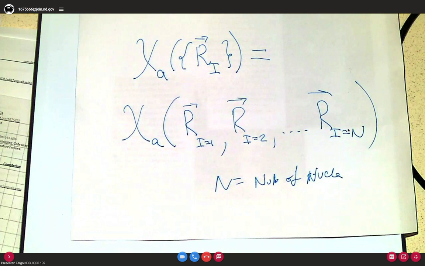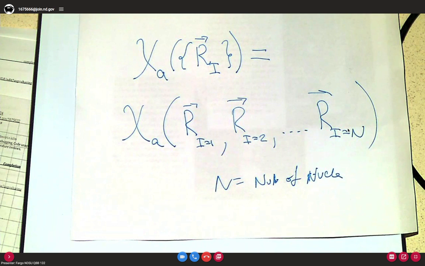We are not separating this function of many variables as a product of functions for nuclei number 1, number 2, number 3. We still consider that it is a nuclear wave function that depends on all nuclei in the molecule. It's still a multidimensional function. If it is benzene, then capital N will run up to 12.